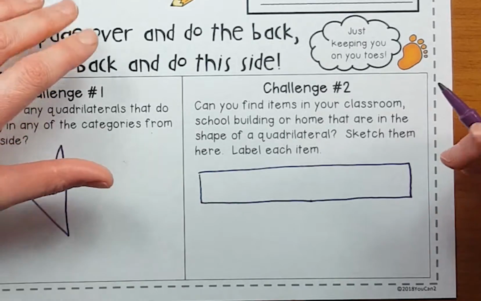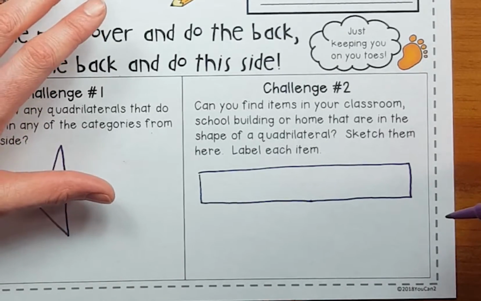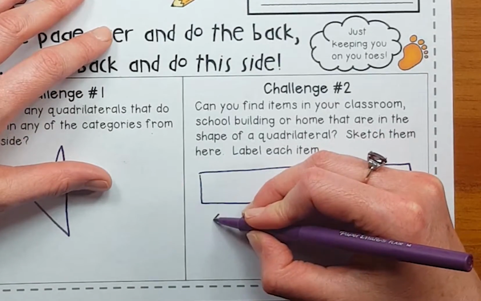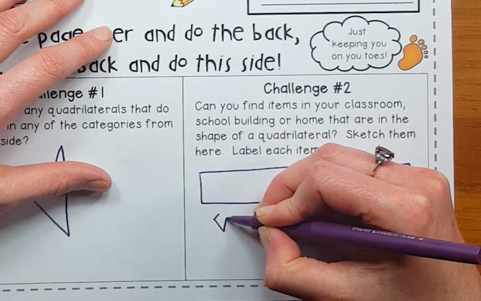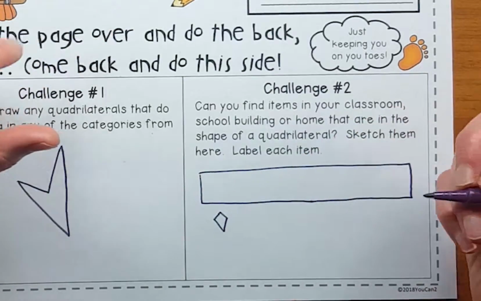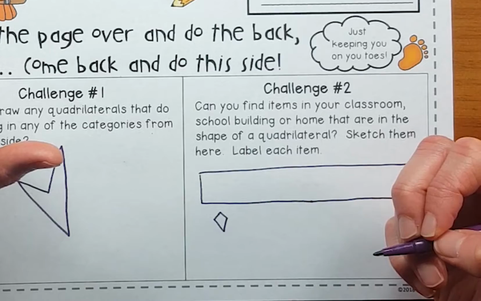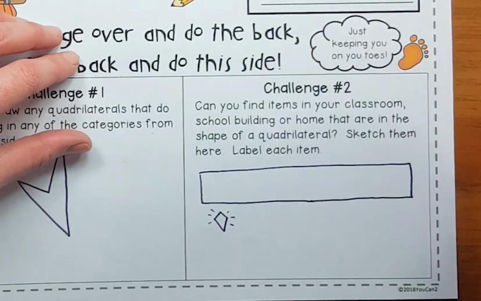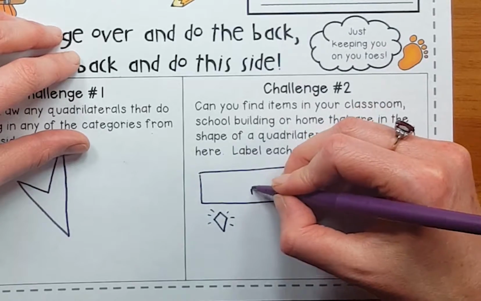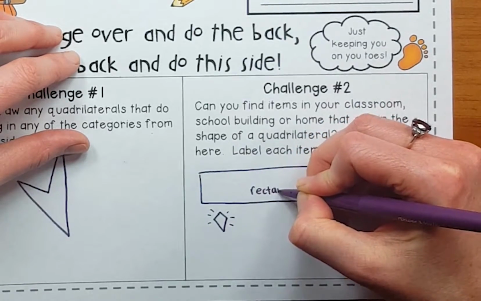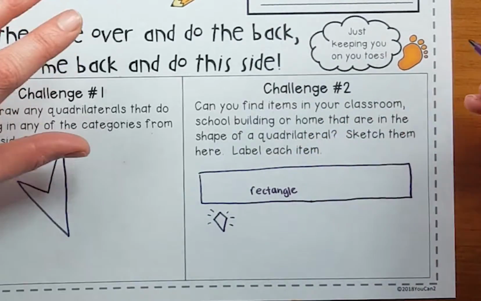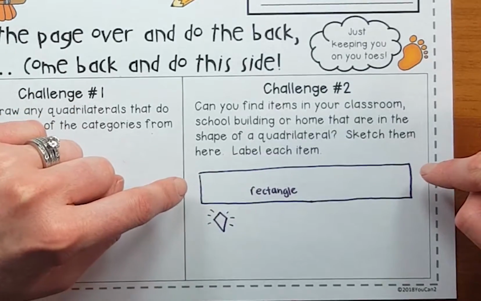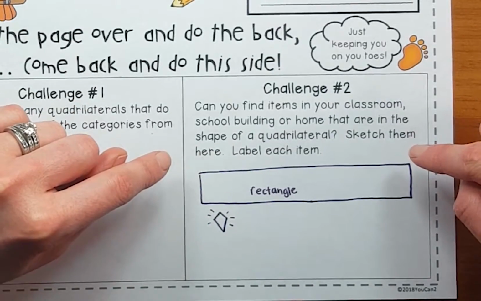Ucan also noticed that on his crown there were jewels in the shape of kites. Very sparkly ones. Oh, and I forgot that I should probably label this. So this is a rectangle. I know that because it has 2 sets of parallel sides and 4 right angles.